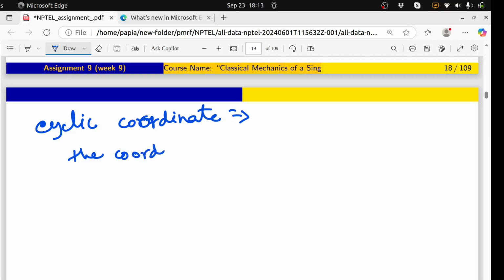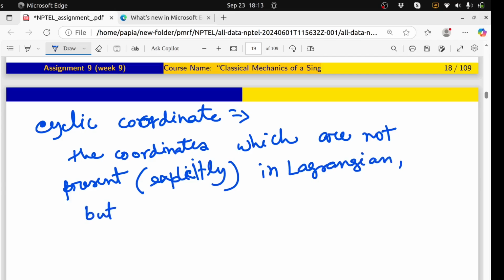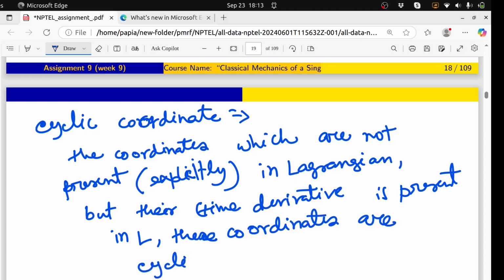The coordinates which are not present explicitly in the Lagrangian, but their time derivative is present in L, these coordinates are cyclic coordinates.